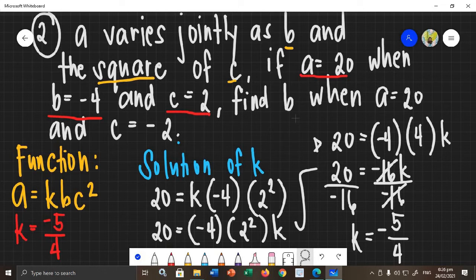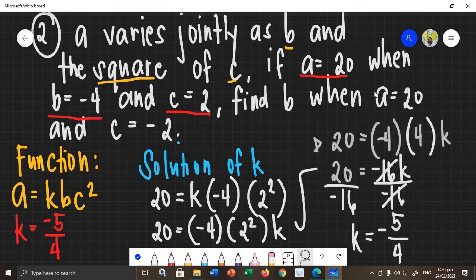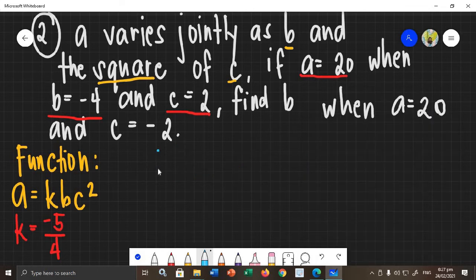Now for us to solve the value of b, we need to use the second given for the value of a and c, as well as yung sinolve natin na value ng k. So this will be now the solution of b.